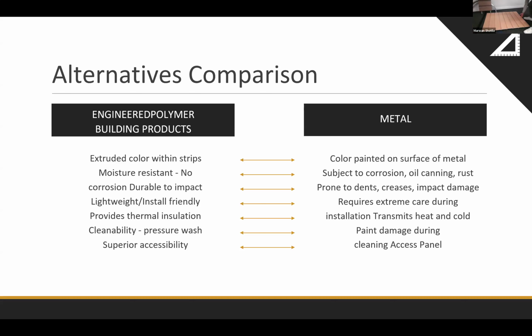Because of the flexible nature of the material, the integrity of the system hasn't been compromised. It's still straight, it's still flat, and essentially what that means is you're not going to run into issues such as denting that we commonly see in some of the other systems in the industry. So that's very, very good as well.